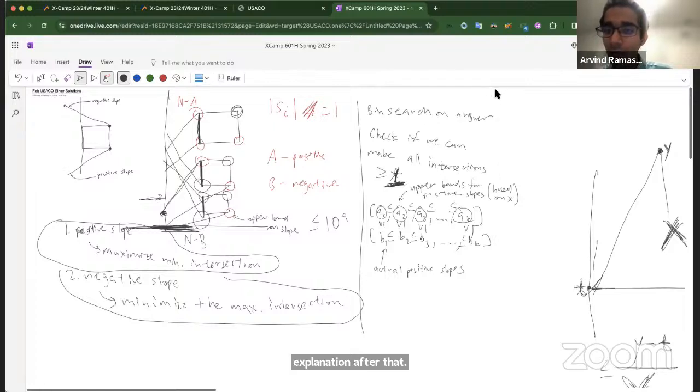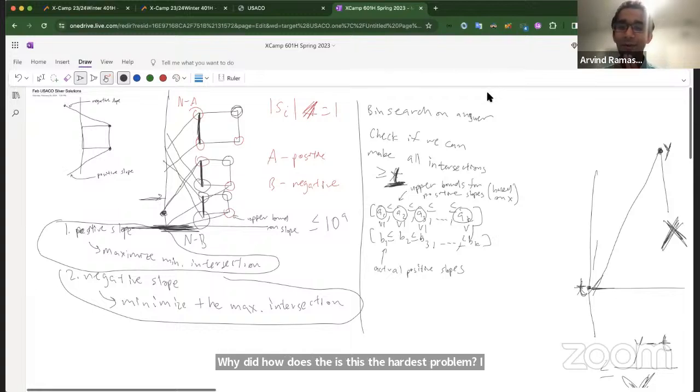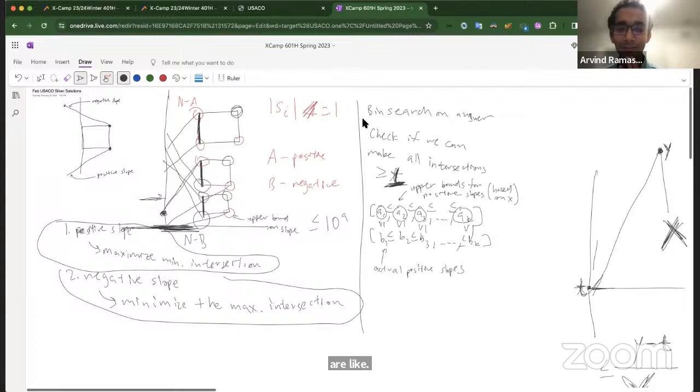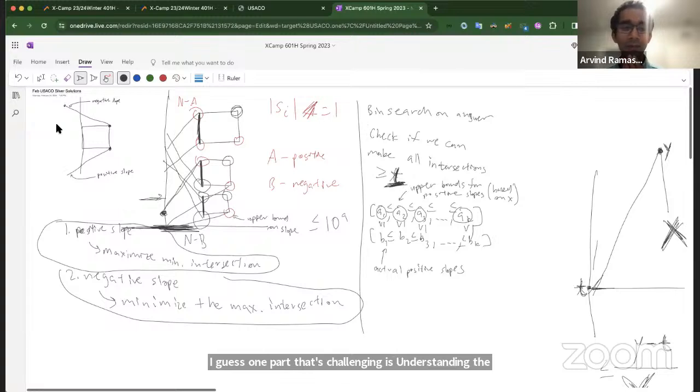Is this the hardest problem? I personally thought 2 was the hardest problem, but certain parts of it are hard. One part that's challenging is understanding the problem statement. After that, it's putting the pieces together.